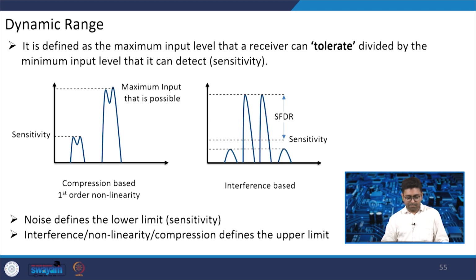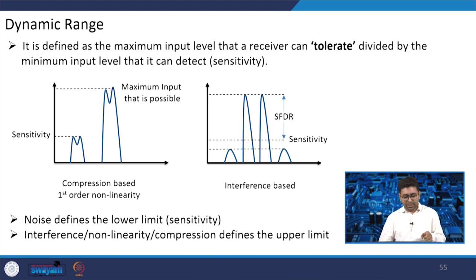Now another important term for receiver non-linearity is the dynamic range. How can you define the dynamic range? It is defined as the maximum input level that a receiver can tolerate divided by the minimum input level that it can detect.